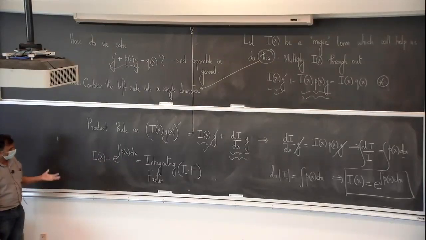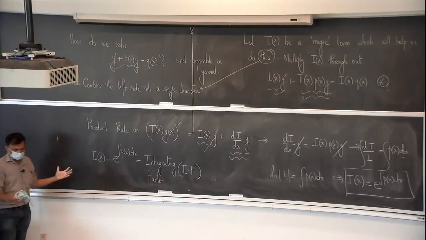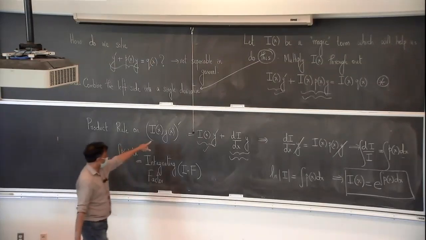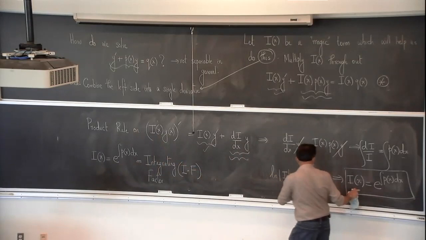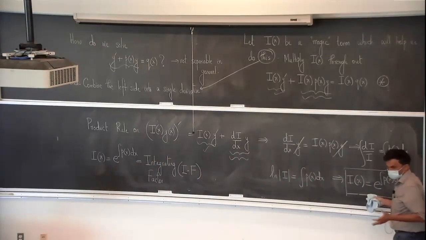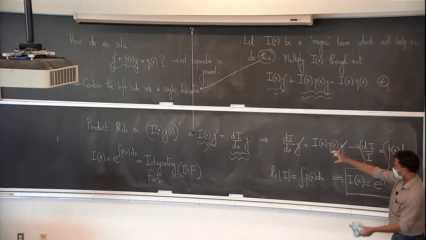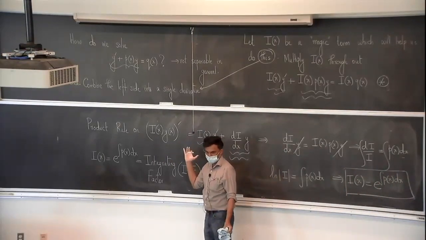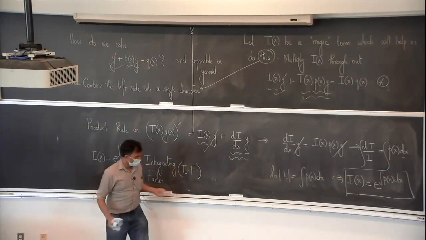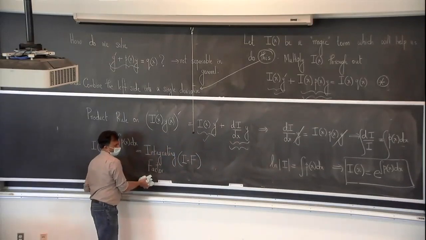It helps us combine the two terms on the left-hand side into a single derivative each time you do this, assuming that your calculation is correct. So you have to trust your calculations here. If you do this correctly, you can always write left-hand side equal to this product, and then you can integrate from there. So let me just write down the summary of what you're doing.